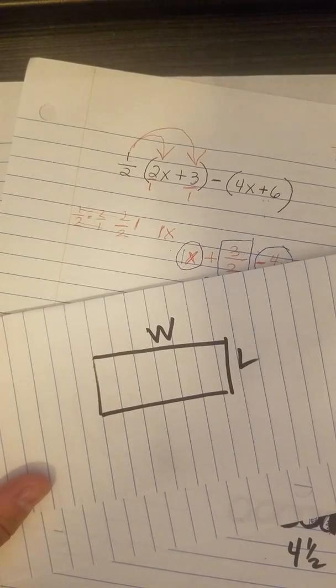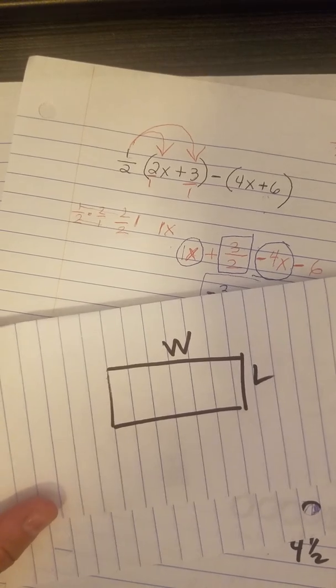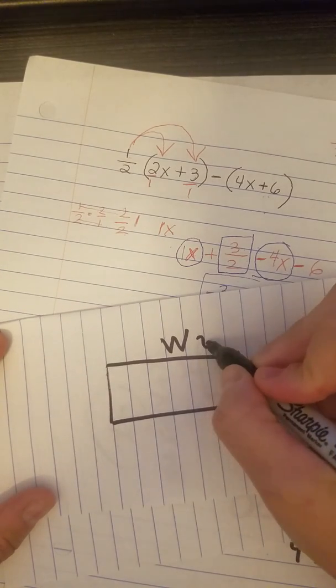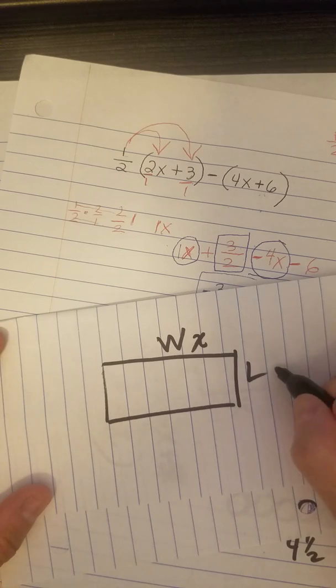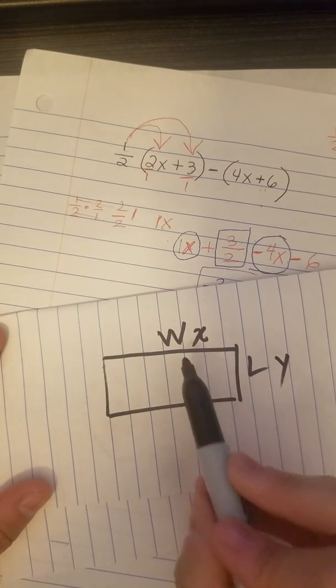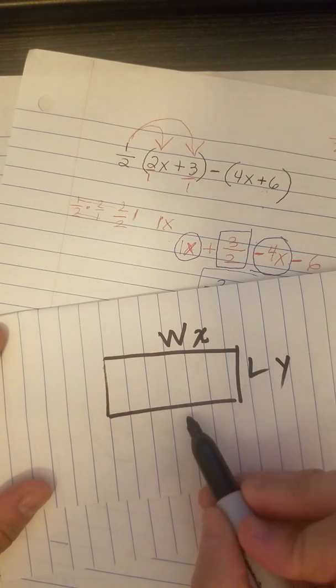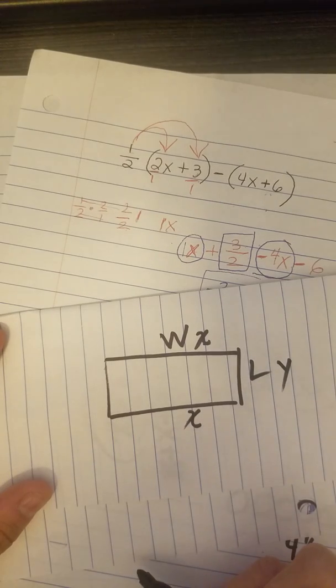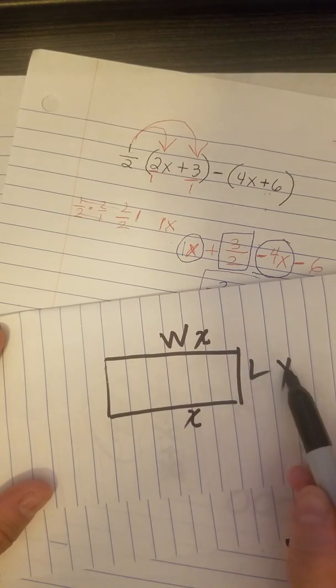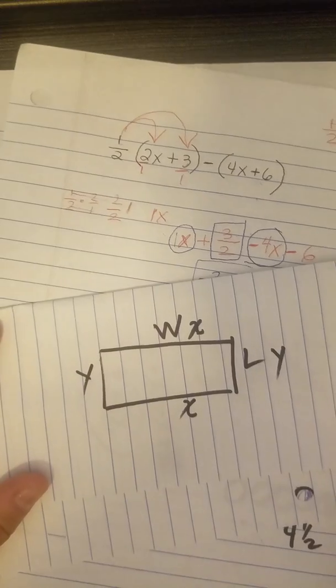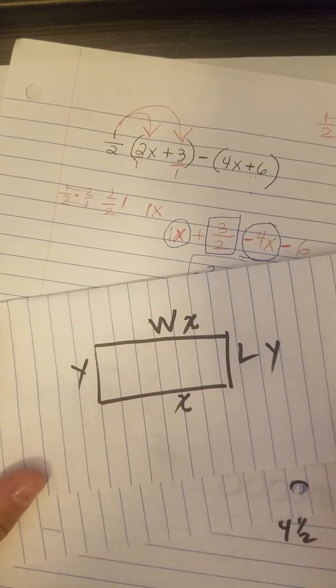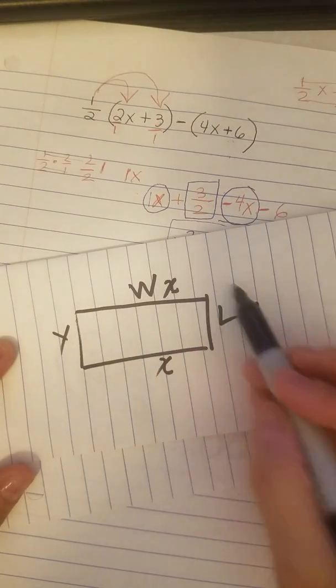And if I say, what is the perimeter of the rectangle if the width is x and the length is y? Well, if the width is x here, then you know it has to be x here, right? And if the length is y here, then you know it is y here. So how would you write this to find the perimeter?